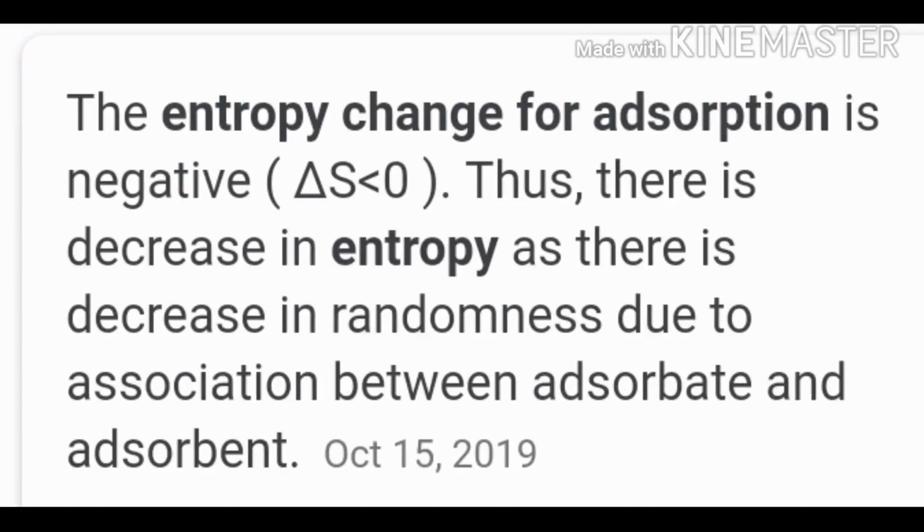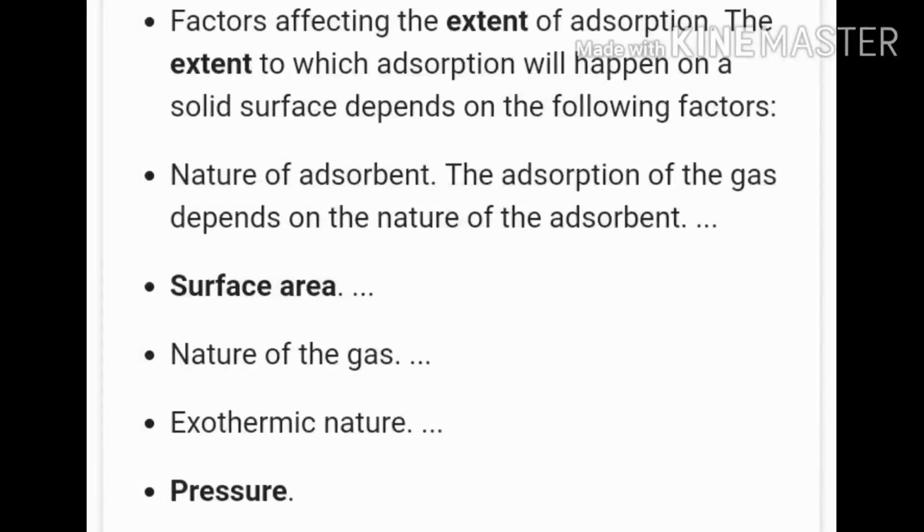We know that delta G equals delta H minus T delta S. For delta G to be negative, delta H must also be negative. Hence, whenever the adsorption takes place, all the terms, that is entropy, Gibbs free energy and delta H, are negative.